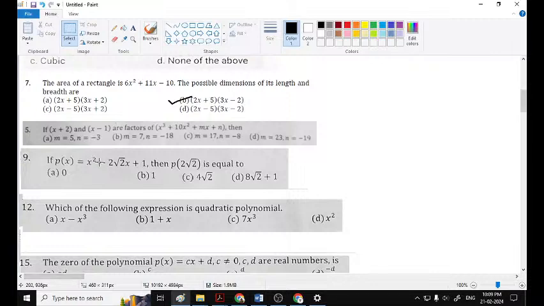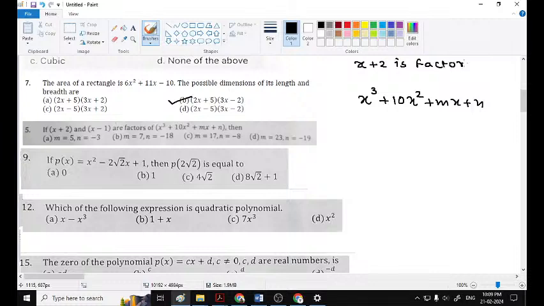x plus 2 and x minus 1 are factors of x cube plus 10x square plus mx plus n. x plus 2 is factor, therefore minus 2 is 0. Therefore by factor theorem, if we consider this polynomial as p(x), p of minus 2 must be equal to 0. Let us put x is equal to minus 2 in this polynomial.